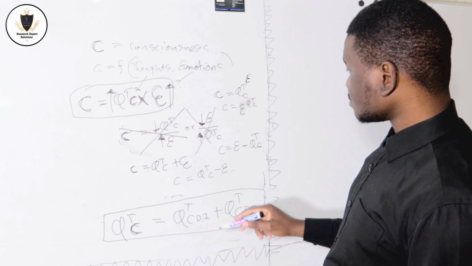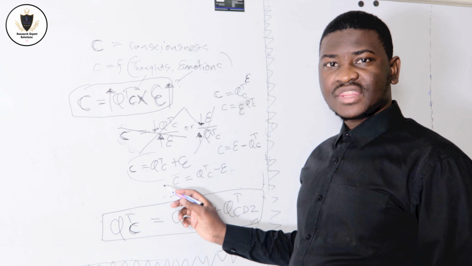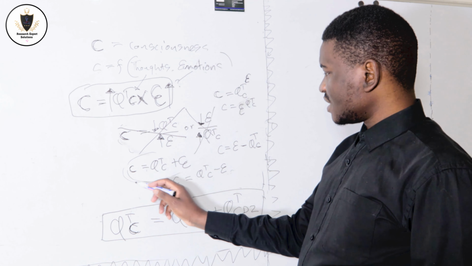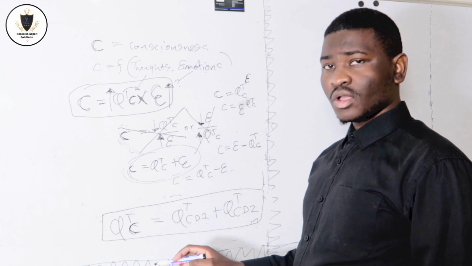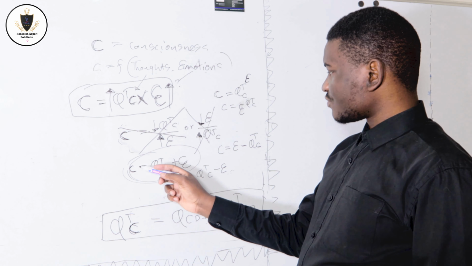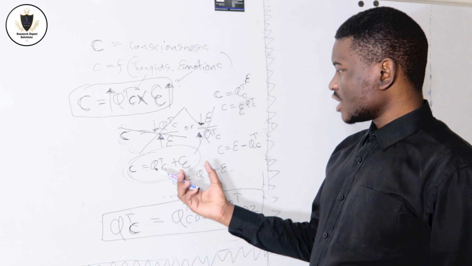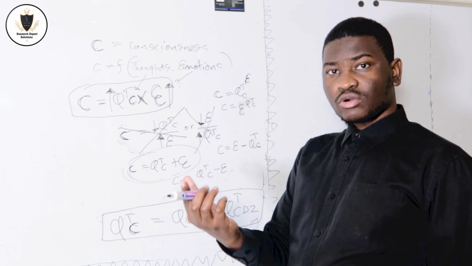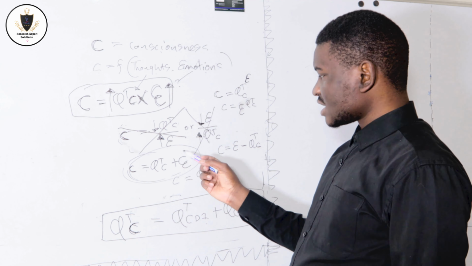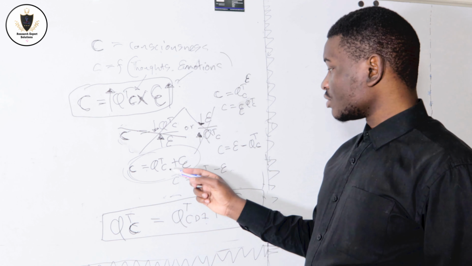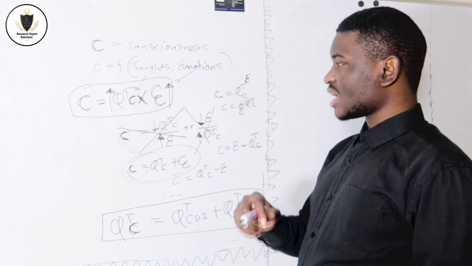Then when we come to this one, could it be that the state of consciousness is equal to the quantity of thought plus the state of our emotions? Could this be the case rather than the other?